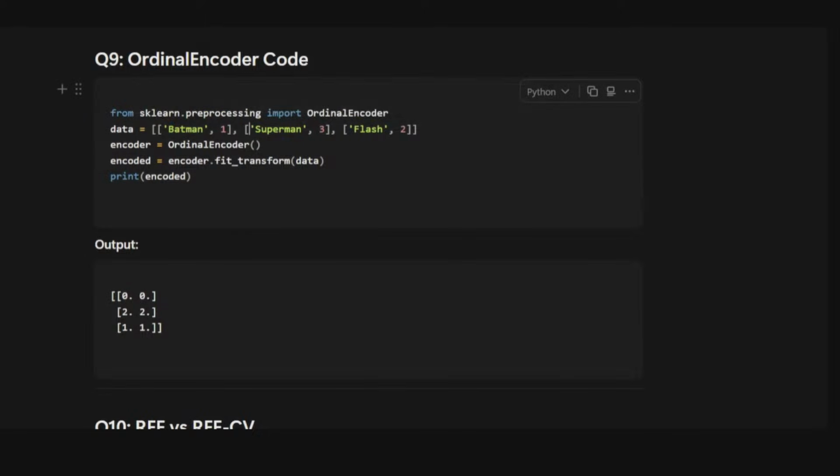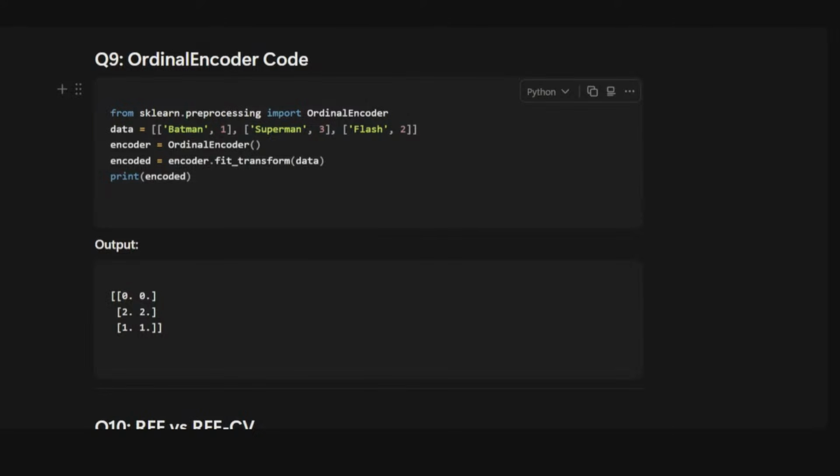In this, Batman has the least value, followed by Flash, followed by Superman. So your output will be 0 to 1 for that particular column. Next is 1, 3, and 2. Since you're applying ordinal encoder, even though they are numerical values, they will be treated as categorical values and taken up as 0, 2, and 1 respectively.